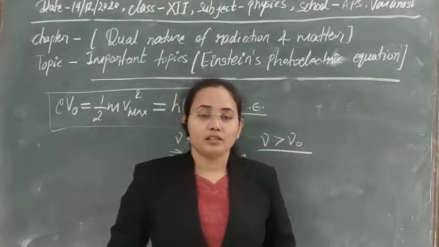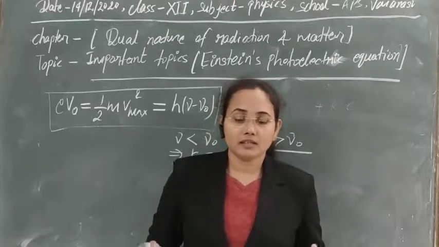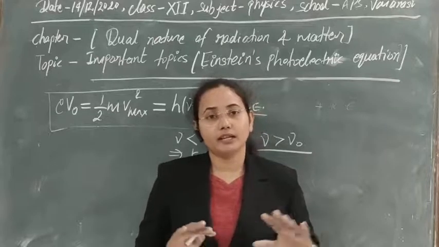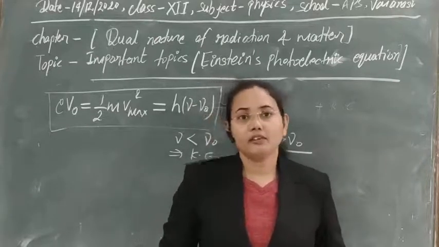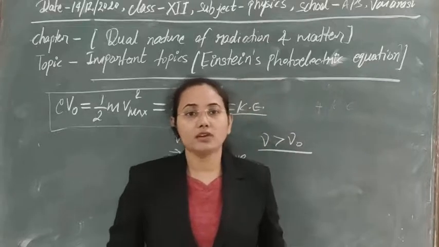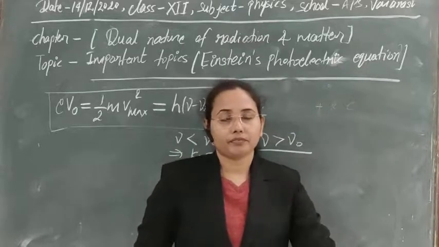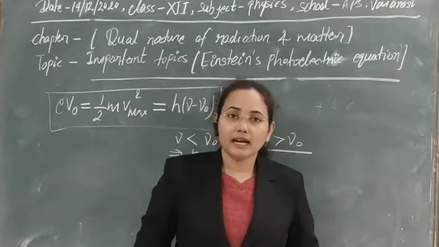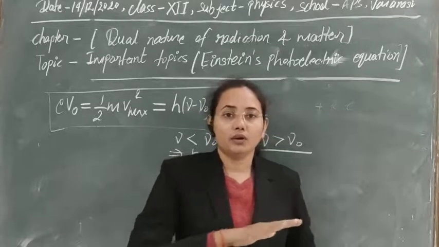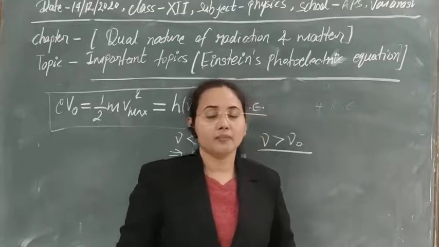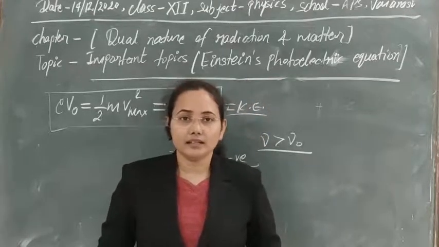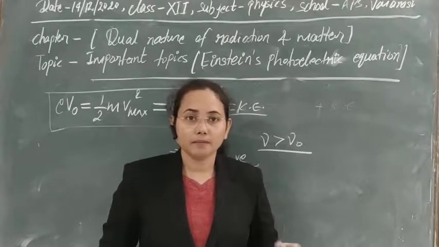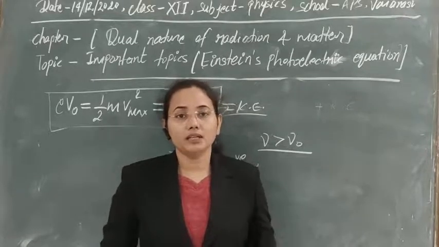The second concept is that the wave theory takes the wave concept of the electromagnetic wave. It means that whenever radiation is incident on any surface, obviously that radiation is continuous, so it will be uniform over the whole surface. It means all electrons will get an equal amount of energy, that is, energy will be distributed to all electrons uniformly or symmetrically.